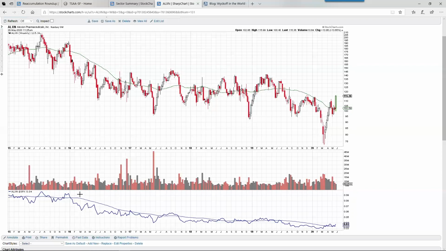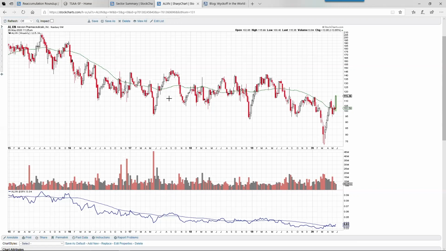And also note the relative strength has been in a downtrend. But here, all of a sudden, there's been a shakeout type move in 2020 and a very sharp reversal upwards. And this is encouraging for Alexion. And notice this is also coming with an attempt to turn up into a new relative strength uptrend.